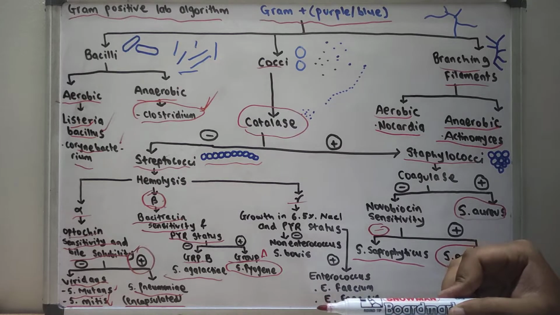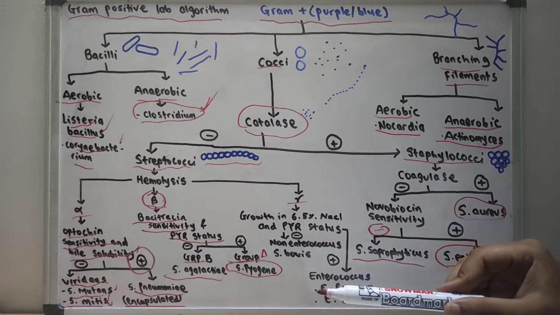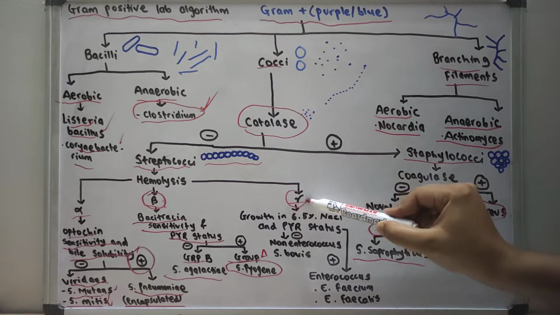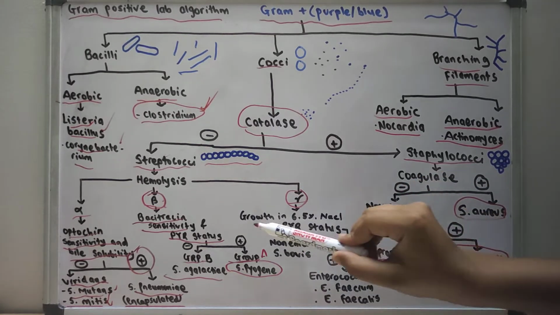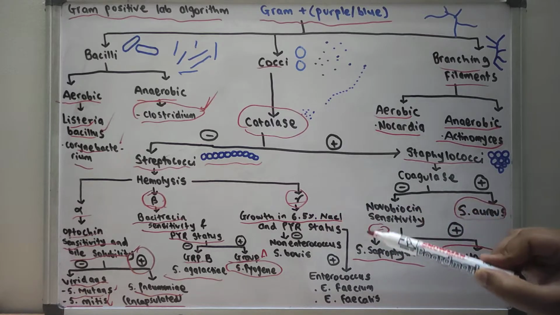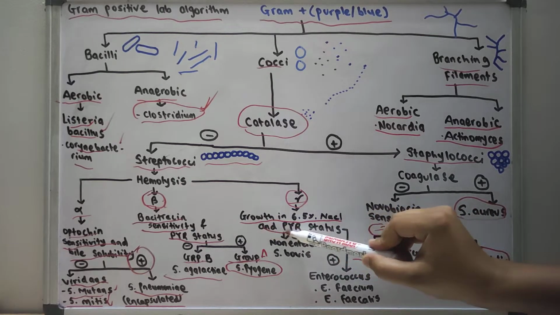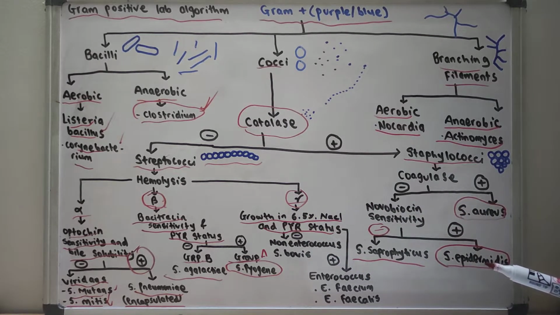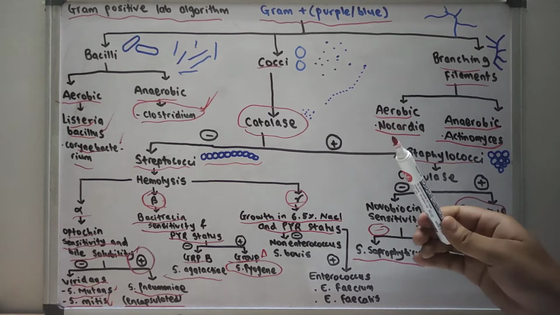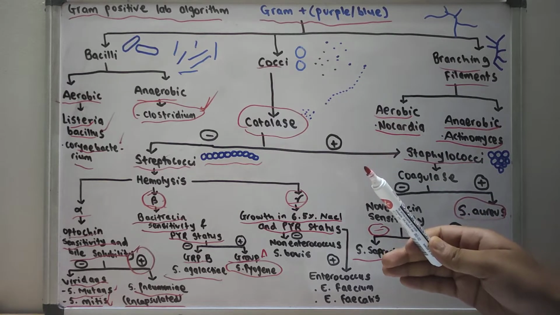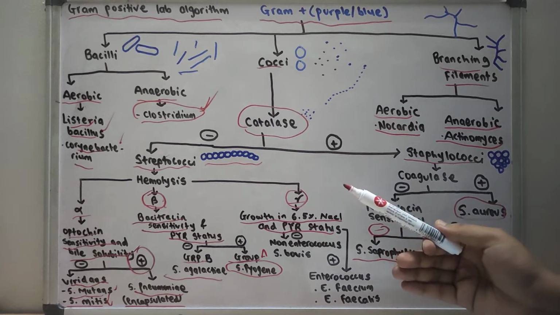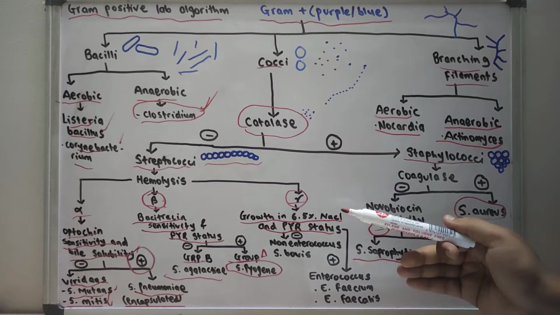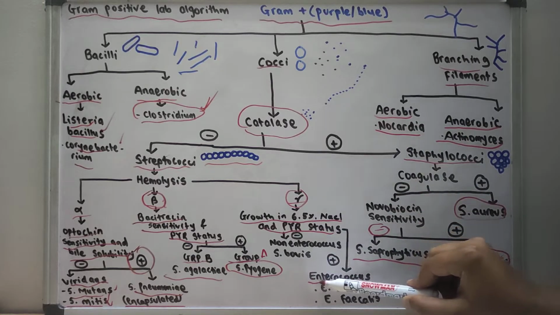And again, the streptococci are divided on the basis of gamma hemolysis. Those are divided by growth in 6.5% sodium chloride and by PYR status. The streptococci which grow in 6.5% NaCl and are PYR positive are Enterococcus.